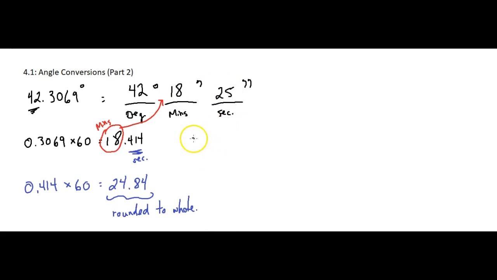So actually there are 3,600 seconds, that's 60 times 60, in 1 degree. That degree is broken down into really, really small parts. So whether I say 24.84 over 3,600 or 25 over 3,600, it's not making a big difference at this point.